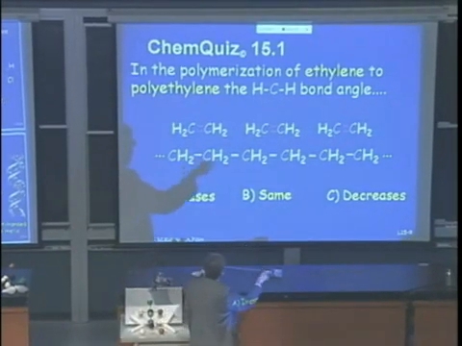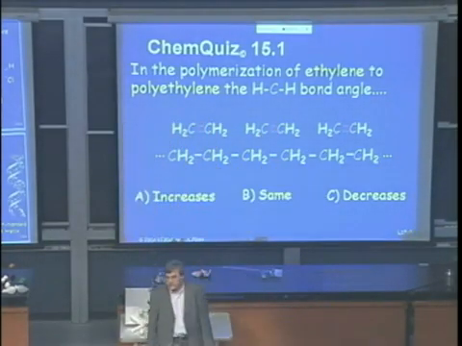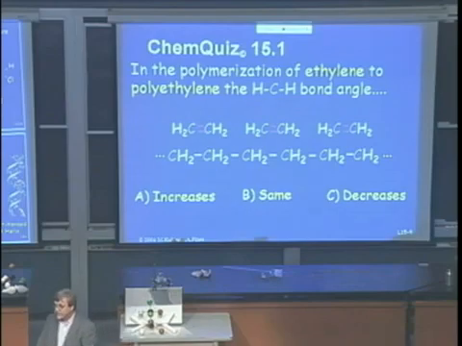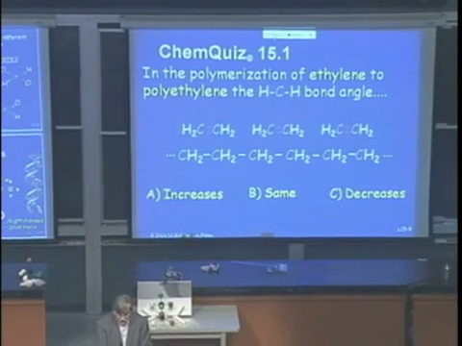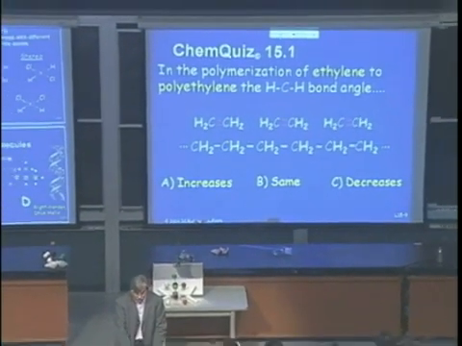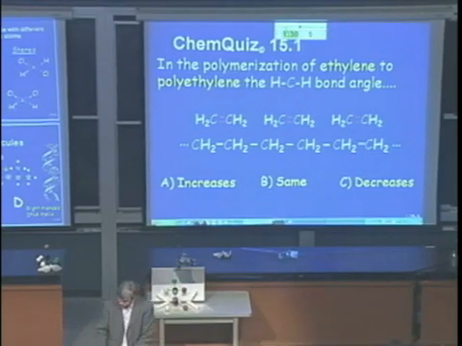Does it stay the same? Or when I go from here to here, does it decrease? So now you have to count your electrons. You have to come up with your Lewis-Dot structure, and you have to look at the carbon steric number, and then you compare the two steric numbers.